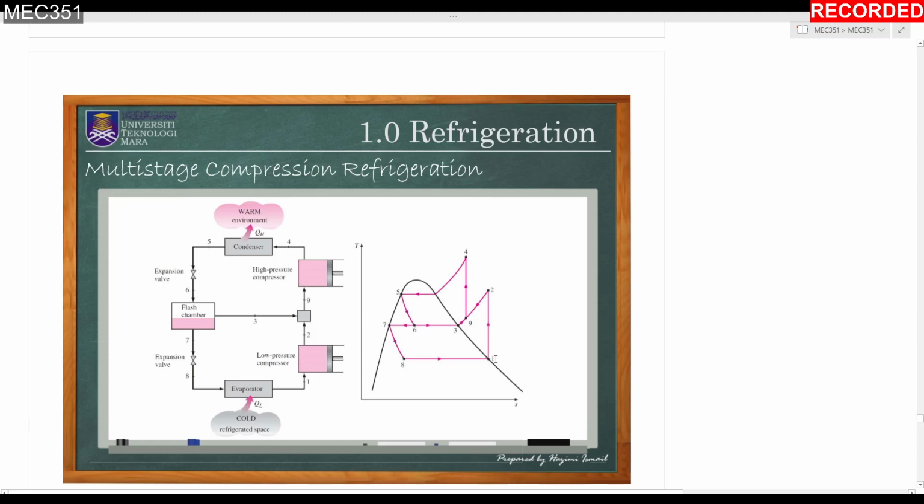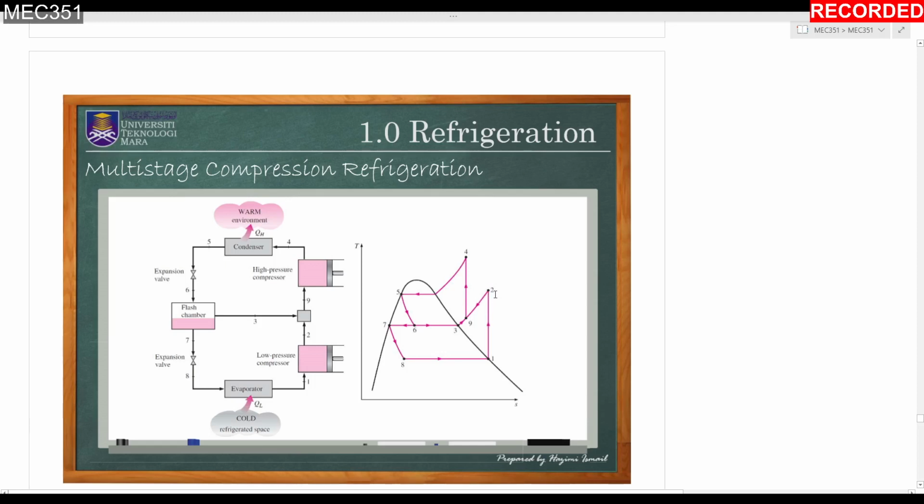State 1 is the inlet to the low pressure compressor here. The refrigerant from state 1 will be compressed by the compressor at the lower stage, and it will change into superheated vapor with a high enthalpy value.